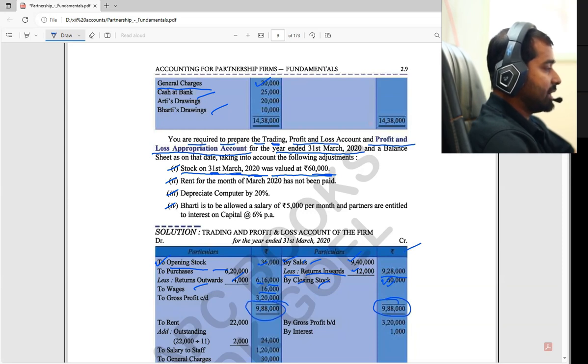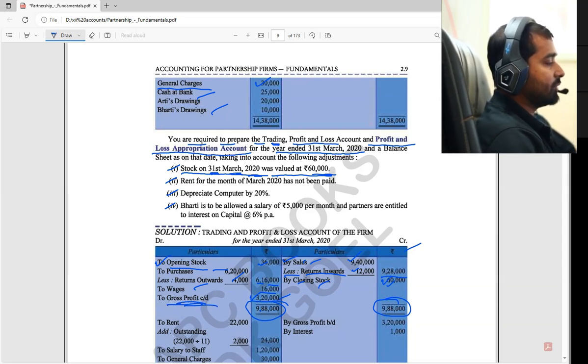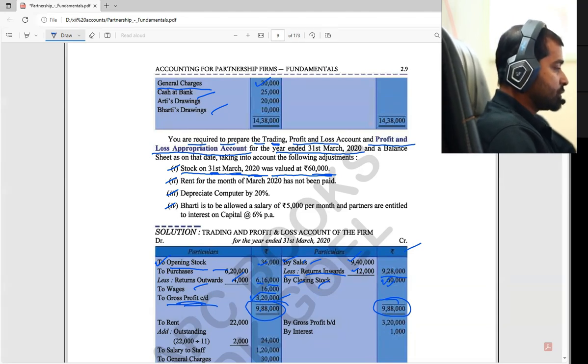On the other side, 3,20,000 less. When we tally, this 3,20,000 is nothing but the gross profit. Now this gross profit we send to the profit and loss account for calculating net profit. So I have sent this 3,20,000 here as gross profit brought down.